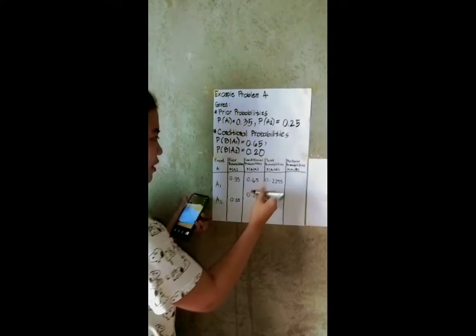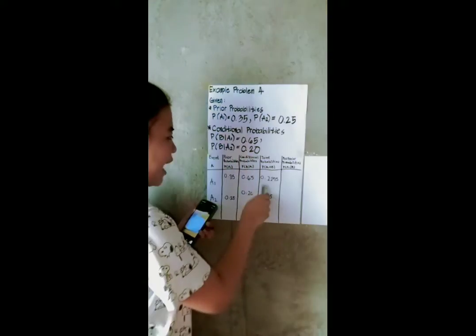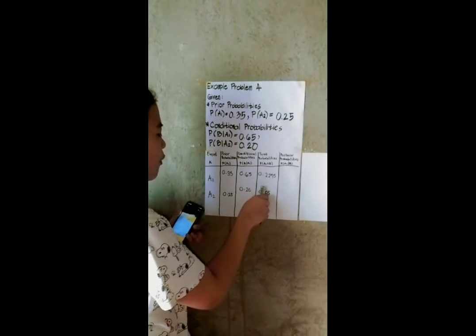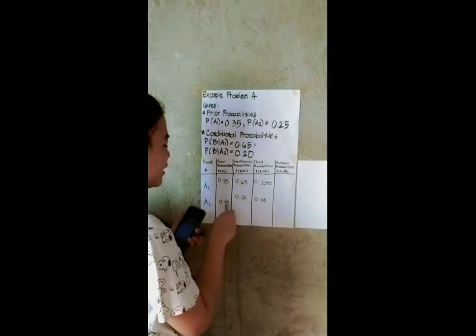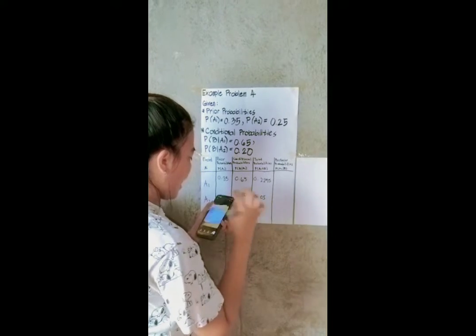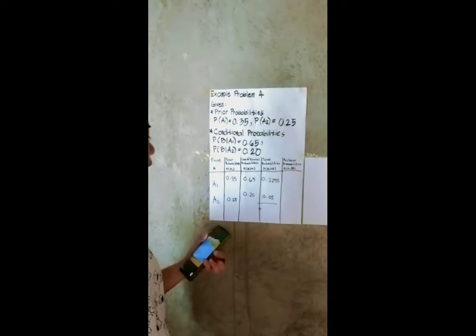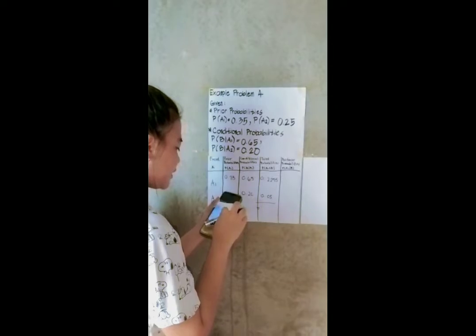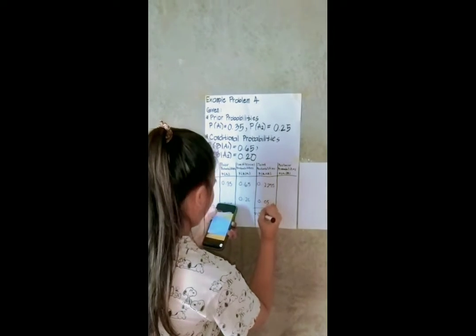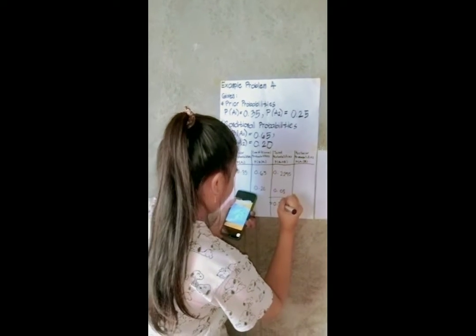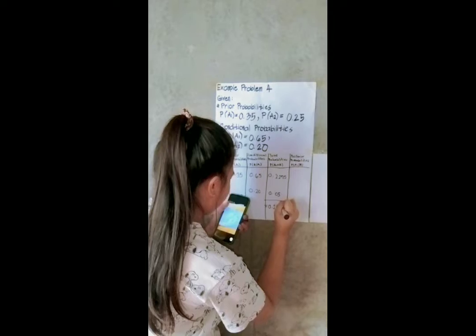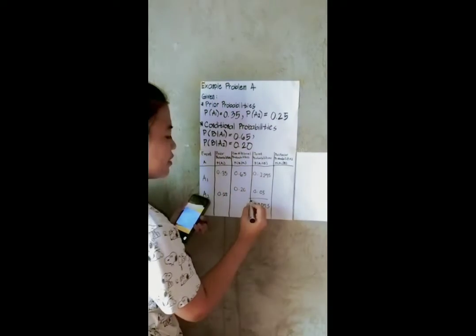Then, for the joint probabilities, we add A sub 1 and A sub 2. The result, the probability of B, is 0.2775.